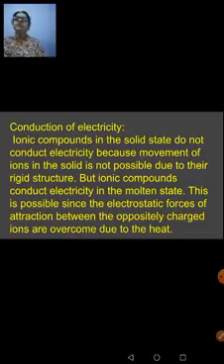Because molten state means when in their melted form, because in melted form the particles are loosely packed. So ions can freely move, electrons can freely move, so electric current can pass through it. When it is in the aqueous form also, the particles are loosely arranged, intermolecular force of attraction between them is very less, so ions can easily move around.